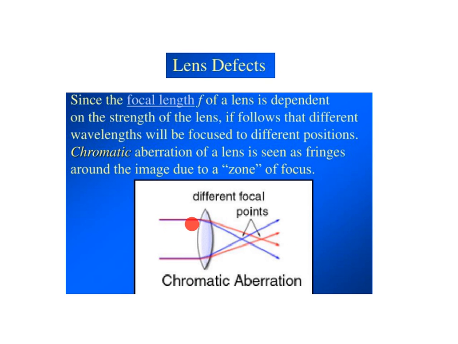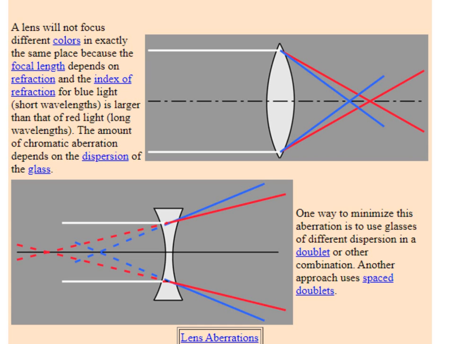If this light is passed through this convex lens, then it will get different colors with different focal points. If we consider from here to here, this is the focal length, different focal points having different focal lengths.